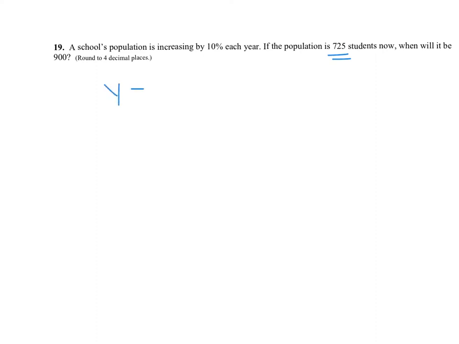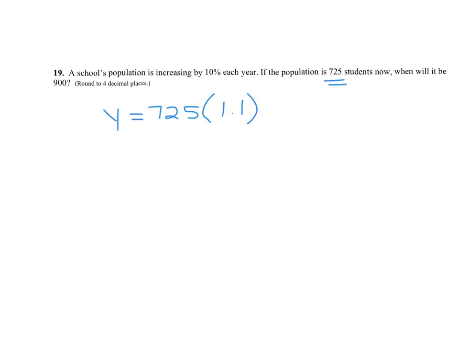It's going to be y equals what? 725, your starting amount, okay, times what? I heard it, Juliana, what'd you say? 1.1. If it's growing by 10%, it's 110%, right? This is the one where you go 1 plus the 0.1. So this would be 1.1, to the t or the x, whatever you want to call it.